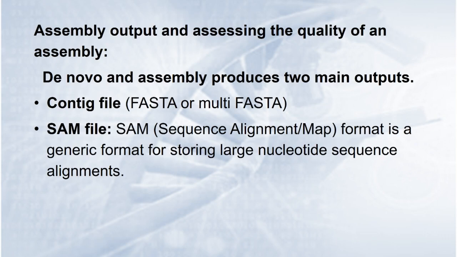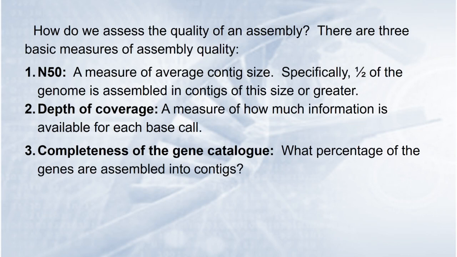And in some cases, you may also subsequently generate a SAM file by mapping your reads back to that Contig file. Those are two very important outputs from that data that you'll see.